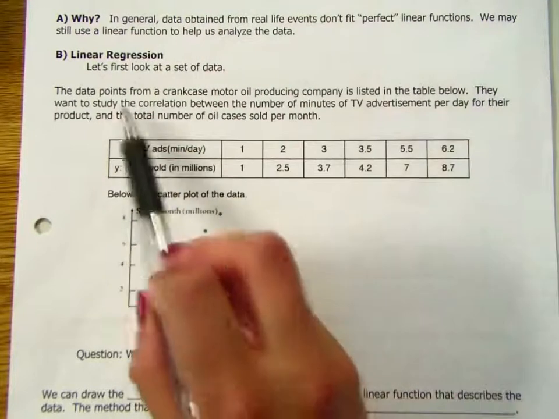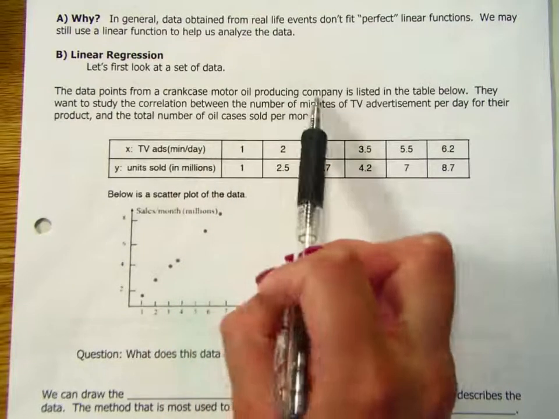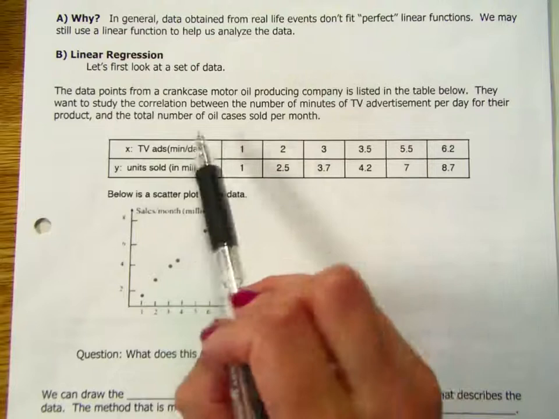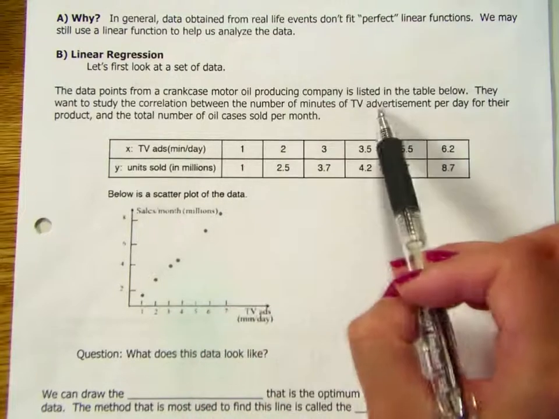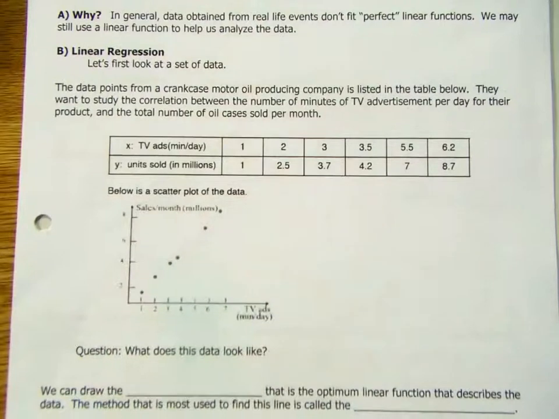It says the data point from a motor oil producing company is listed in the table below. The company wants to study the correlation between the number of minutes of TV ads per day for their product and the total number of oil cases sold per month.